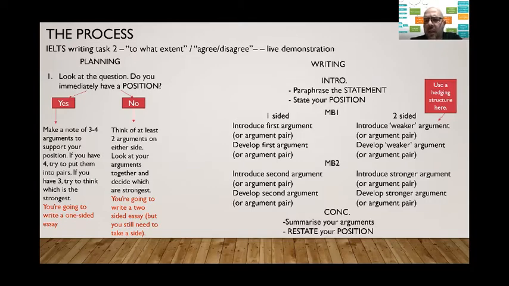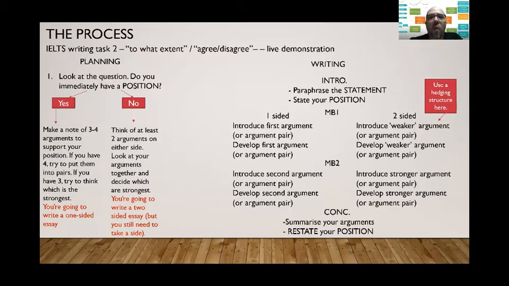Going into the second main body paragraph, I'm going to go on the stronger argument, the argument that matches my side. That means that when I lead into the conclusion, the strongest arguments, the arguments for the position that I've taken, are most recent, and it flows more naturally into the conclusion.